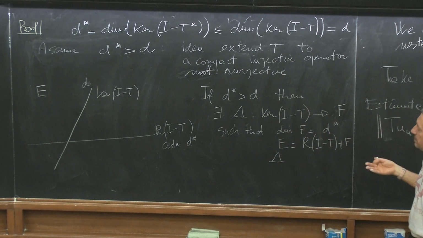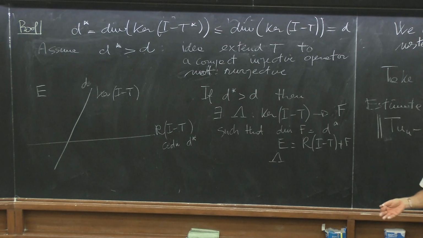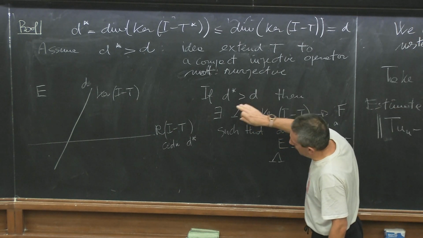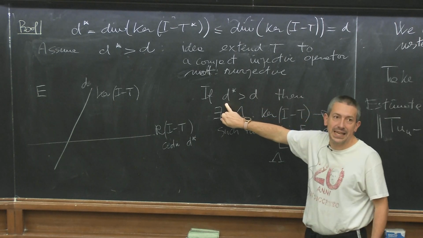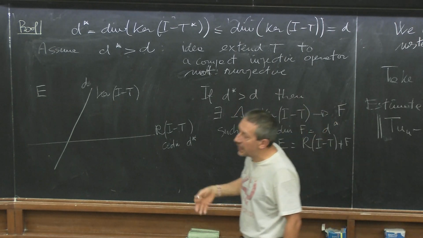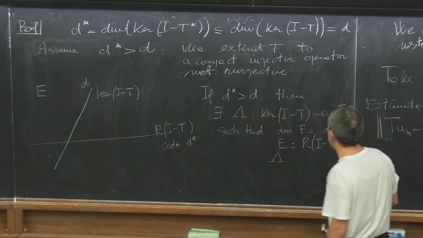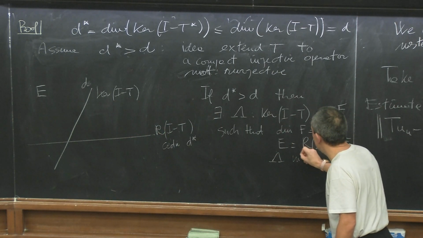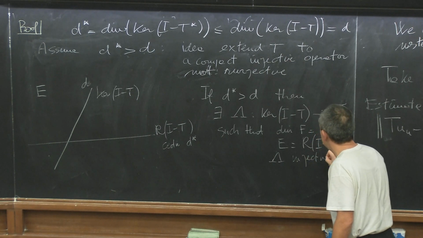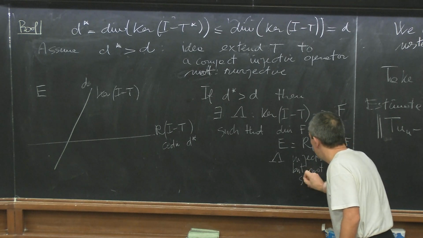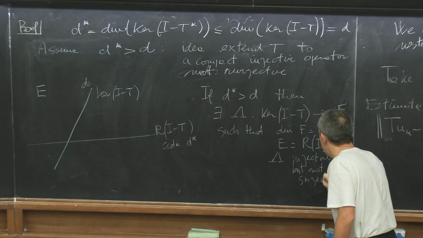lambda cannot be surjective, can be injective but not surjective. Injective because, okay, I have enough dimensions, but the dimension is invariant for linear maps if they are invertible. I cannot increase them. So lambda is injective, but not surjective.